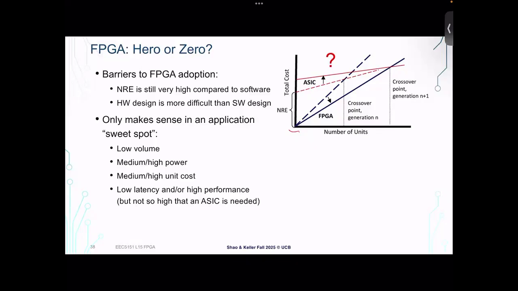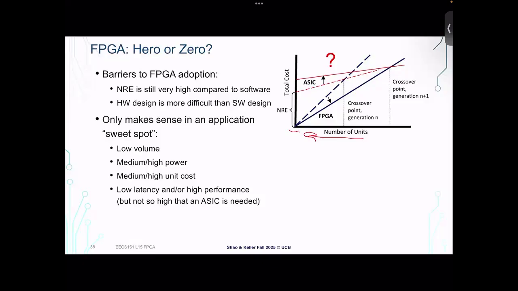So there's sort of these sweet spots where FPGA applications make sense. Relatively low volumes, right? Number of units to the left on this plot. Can't care about power that much because they're not power efficient. So it's never going to wind up in your cell phone or in your laptop. The unit cost is going to be relatively high because, again, you haven't taped out a specialized chip.